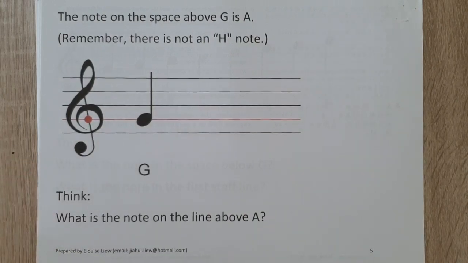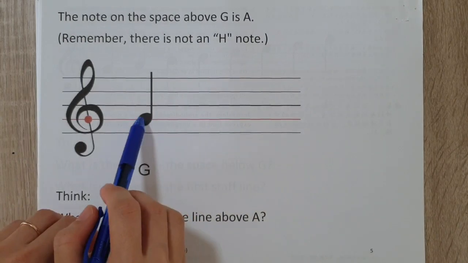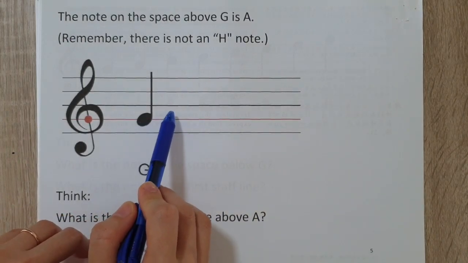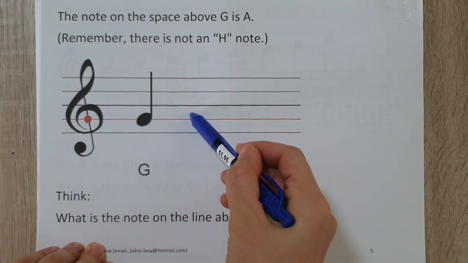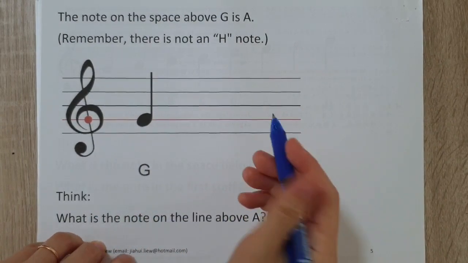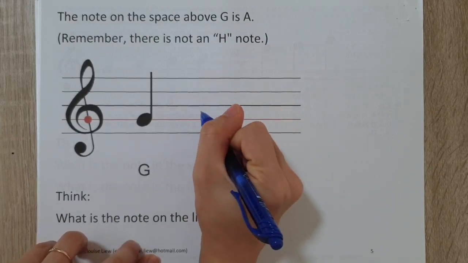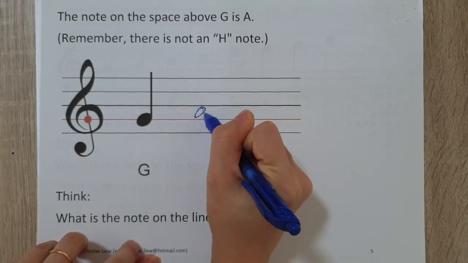The note on the space above G is A. Remember, there is not an H note. Okay, so where is the space above G? So here's G. The space above it is here. So, if I were to draw an A note, it will look like that.